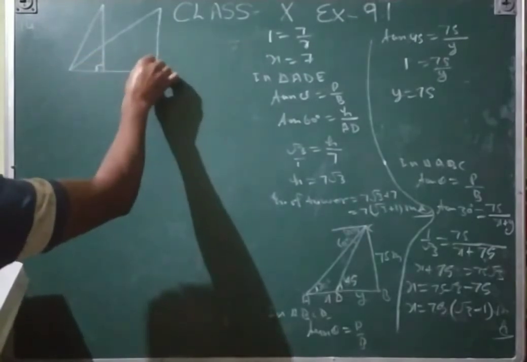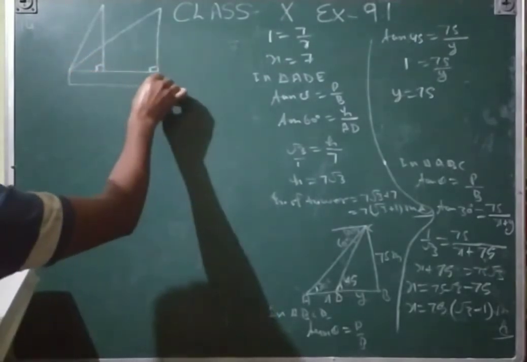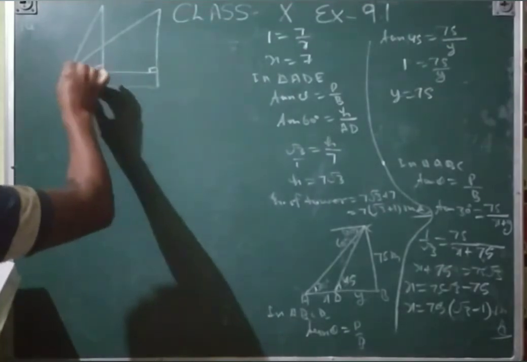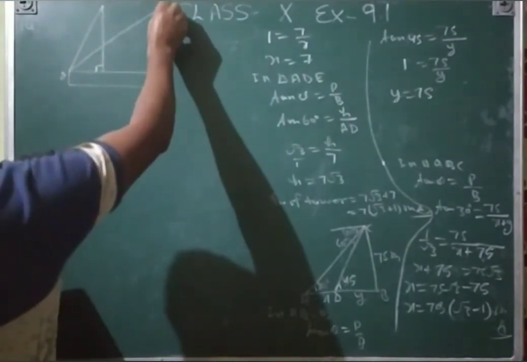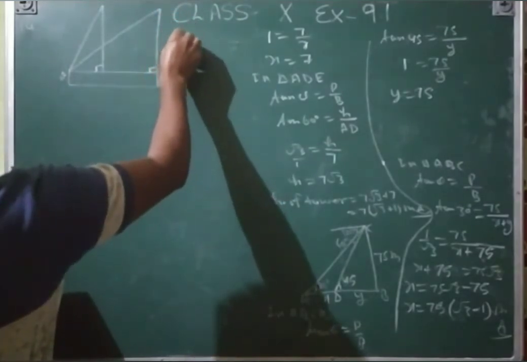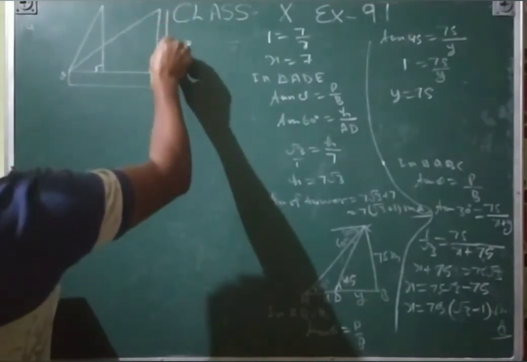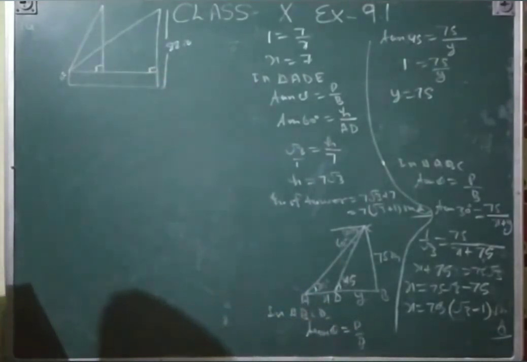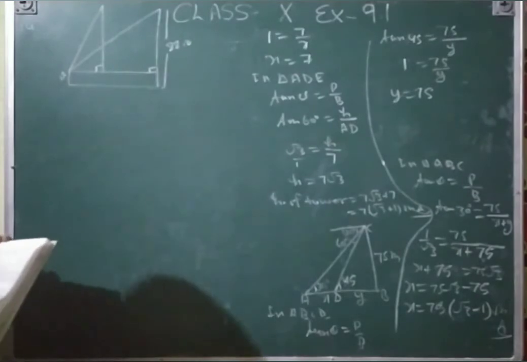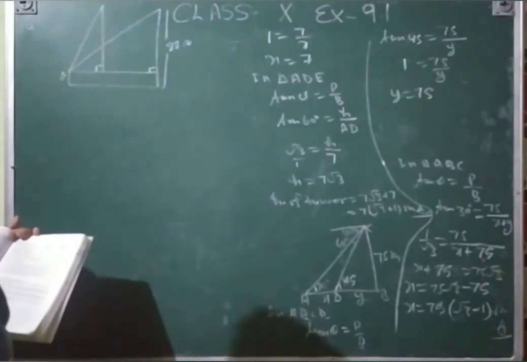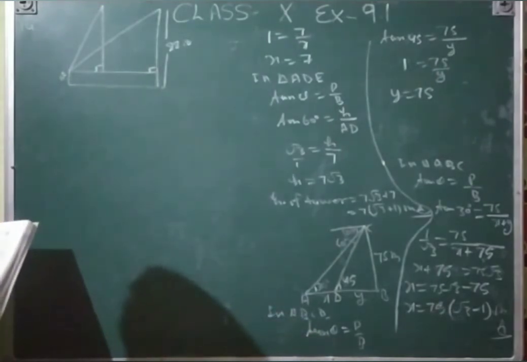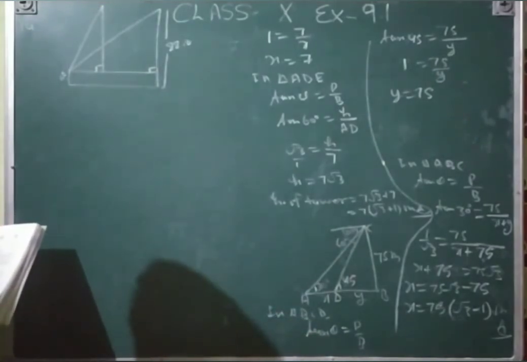This is 90 degrees, this is 90 degrees, and a 1.2 meter tall girl is there, and the total height is 88.2. A 1.2 meter tall girl spots a balloon moving with the wind in a horizontal line at a height of 88.2 meters from the ground.